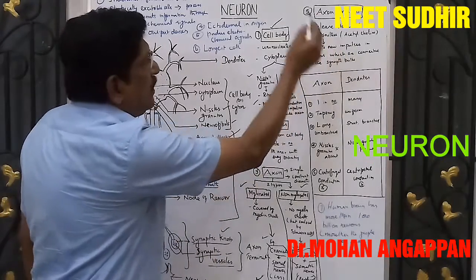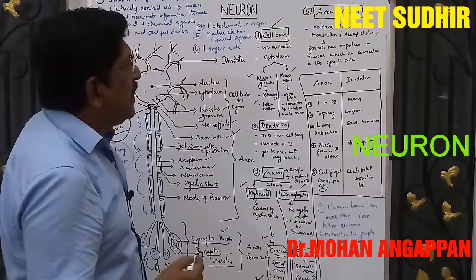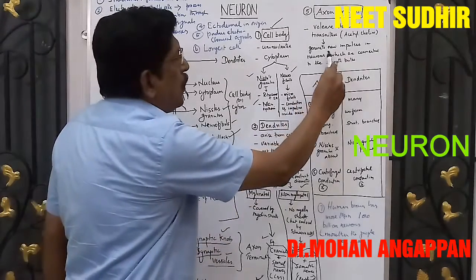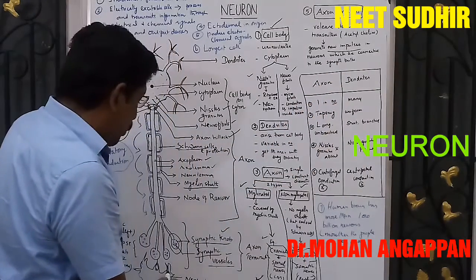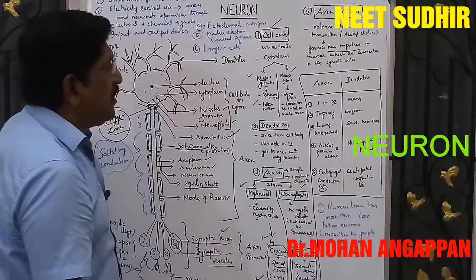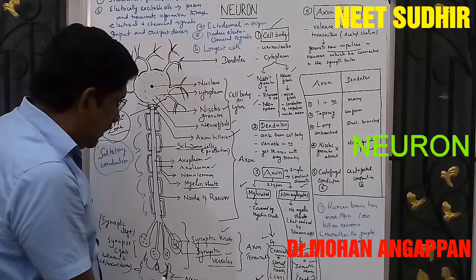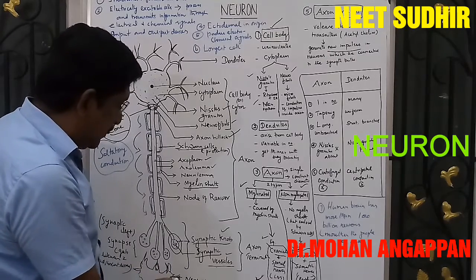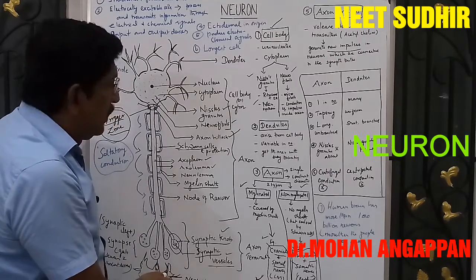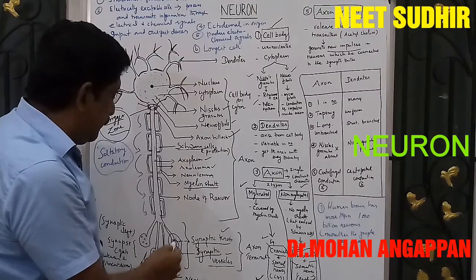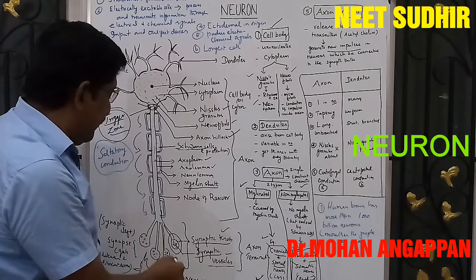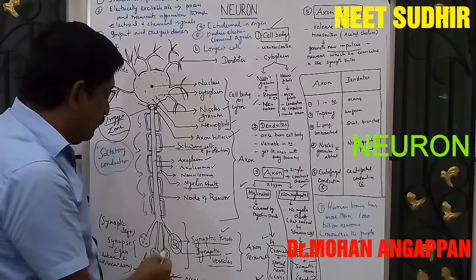This acetylcholine, or the chemicals, generate new impulses in the neurons which are connected to the synaptic bulb. So you can see another neuron here, the next neuron. The dendrites are connected to this synaptic knob.